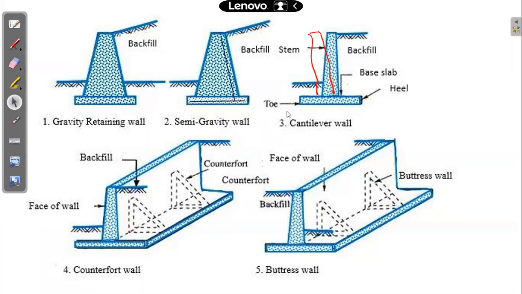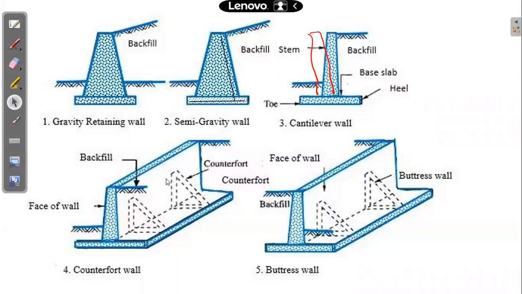What happens in this case is that when I provide these intermediate counterforts, from cantilever nature it becomes a continuous beam. The stem behaves as a continuous beam supported on these counterforts, or we can say a continuous slab also, bending in the form of sagging and hogging over these counterforts. So that nature has changed entirely.